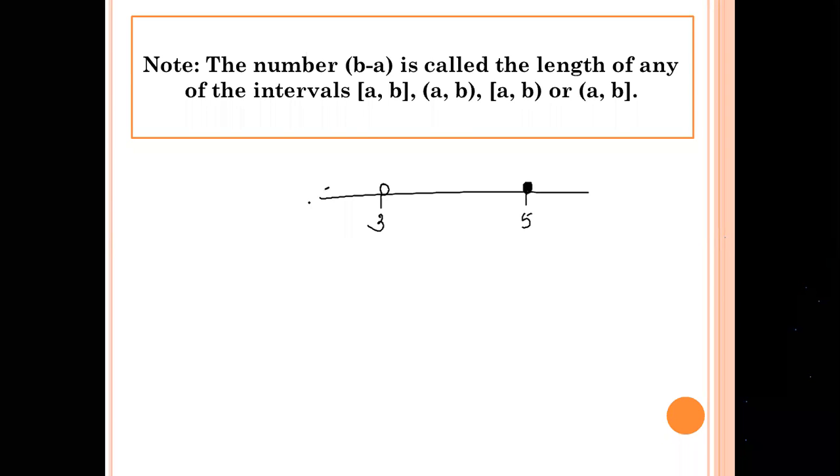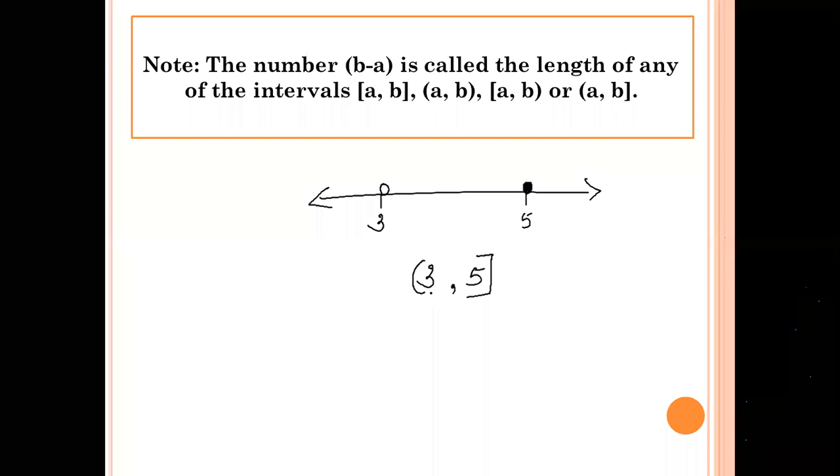In this number line, which point is included? 5 is included. So at the end of 5 you have to write closed bracket. Okay, so whether 3 is included? No. So 3 end ಅಲ್ಲಿ ಏನಿರಬೇಕು?